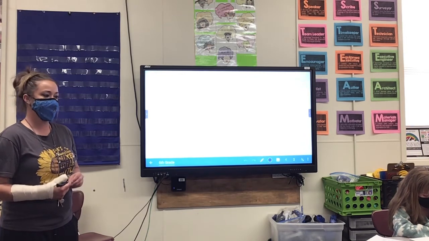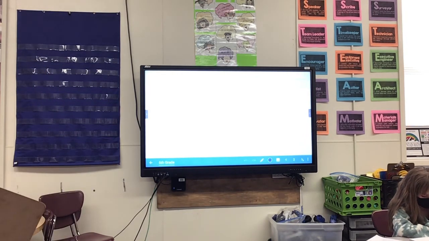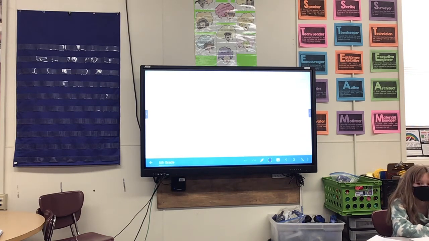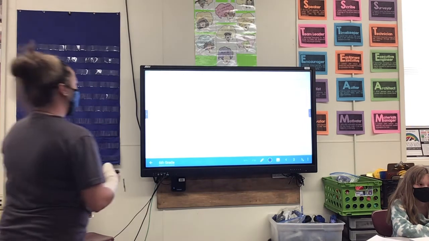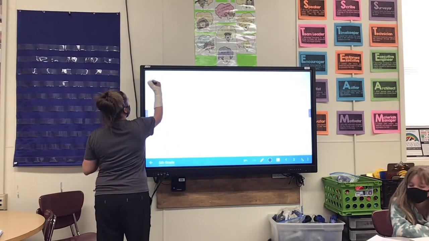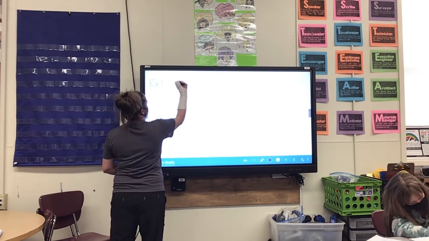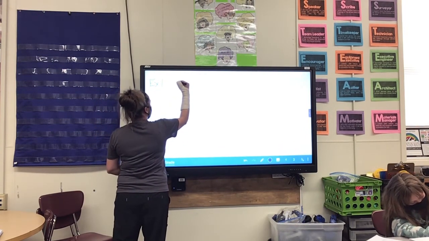Okay? Alright, showdown in 3, 2, 1. A number n is greater than 22. Okay? So your inequality should look like this. So this was example number 1. The number n is greater than 22.